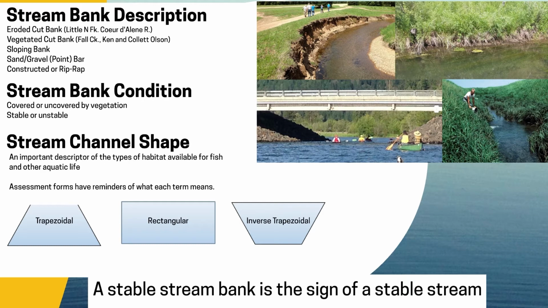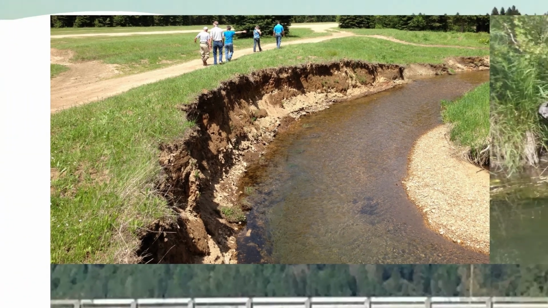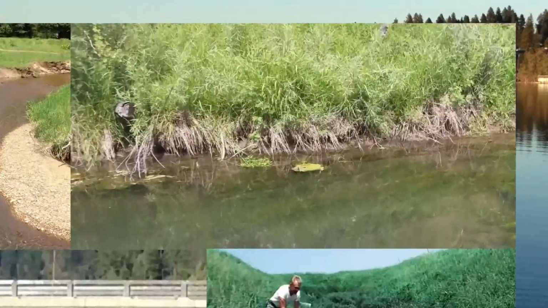Check all that apply from the list provided on the assessment form. Start with the left bank and then repeat for the right bank. A cut bank is eroding away quickly if there's no vegetation to hold it in place. Some cut banks are more stable with the presence of vegetation.